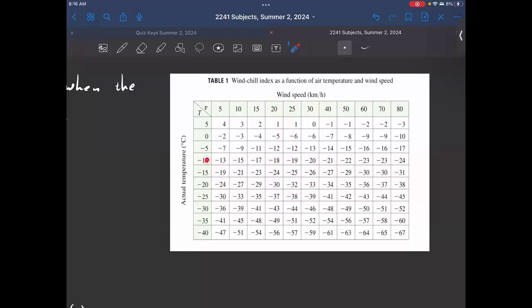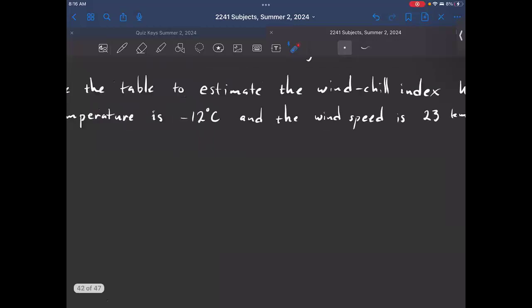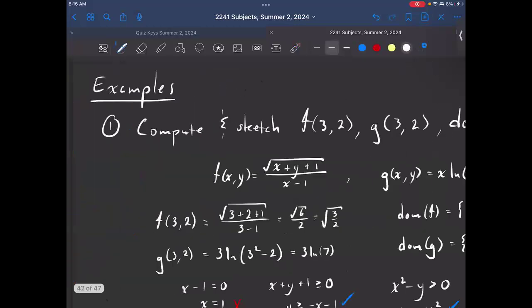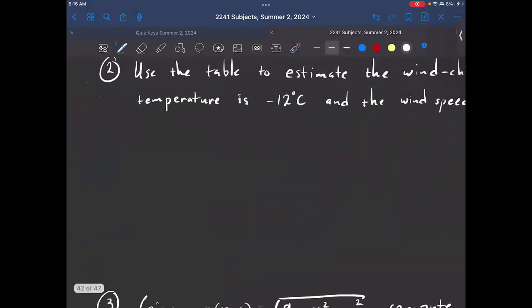All right, so 12 is about 2/5 of the way between 10 and 15. And so we're looking at about 2/5 of the way between 18 and 24, or 2/5 of the way between 19 and 25. So let's do that. Where did that 2/5 come from?